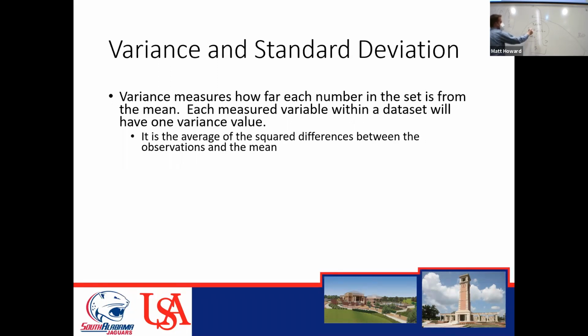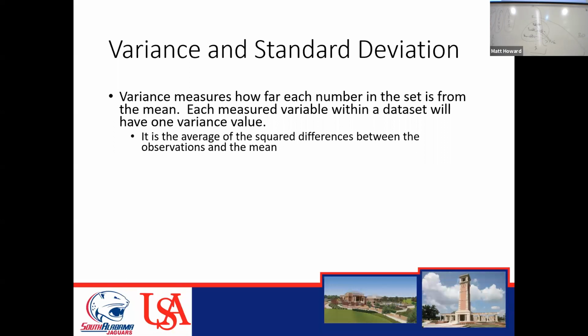The difference with this would be 3, so 3 squared, and the difference between this and the mean would be 1, so it's 1 squared. You add them all up, and then divide by the total number, and it would give you your variance. So that might help some people, or it might make things more confusing. If it makes things more confusing, just forget that. Just throw that out of your mind.